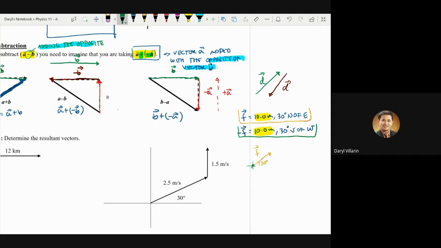So if you can see, that is just somewhere here. This is my negative f. This is the 30 degrees here, south of west. And if you can see, that is just a straight line, but they are 180 degrees apart from each other. Okay, any question with this one here? Negative vectors.